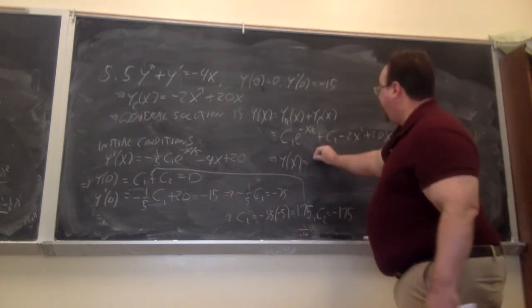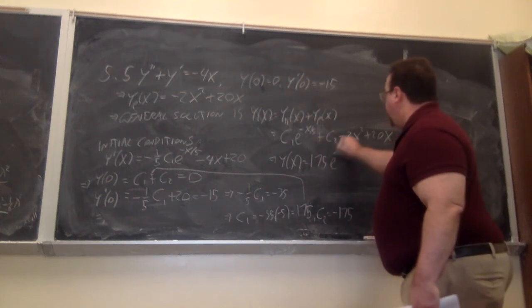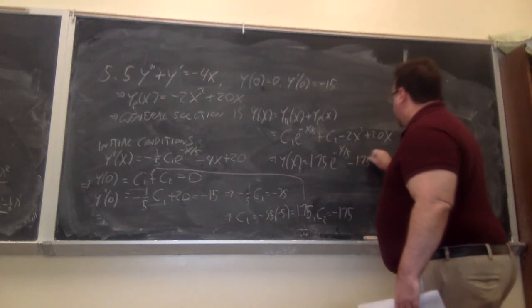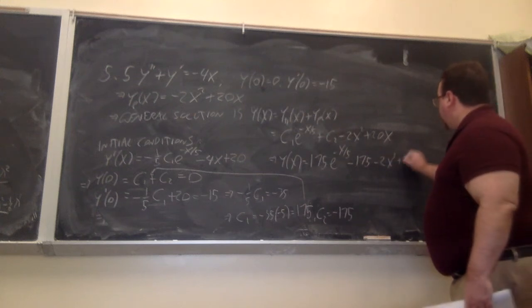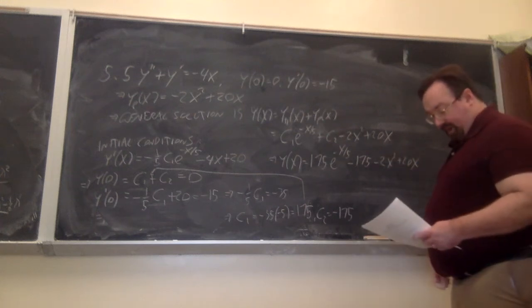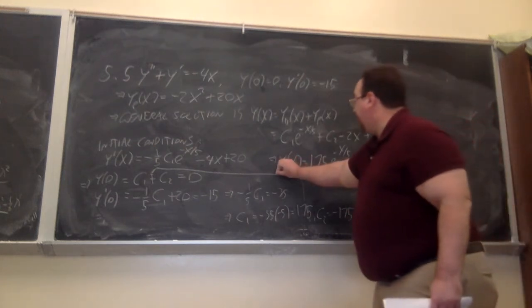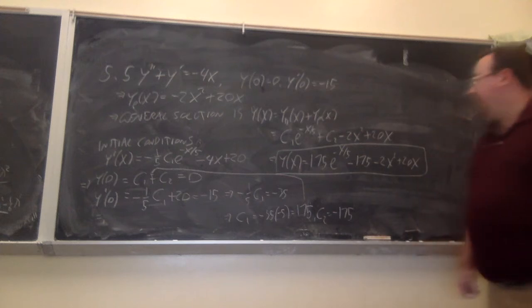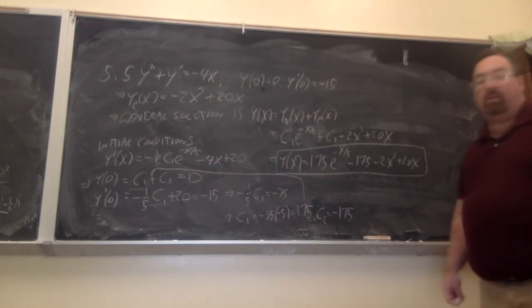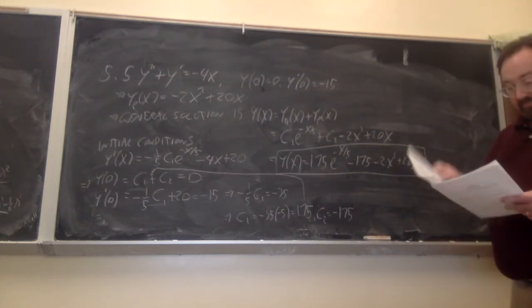So I'm going to have 175 e to the minus x over 5, that's C2, minus 2x squared plus 20x. So this is the final answer with the initial conditions taken into account.